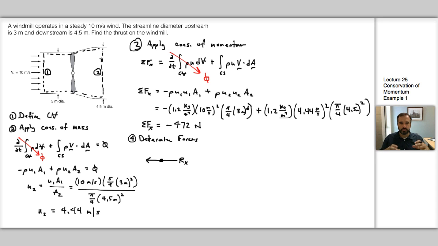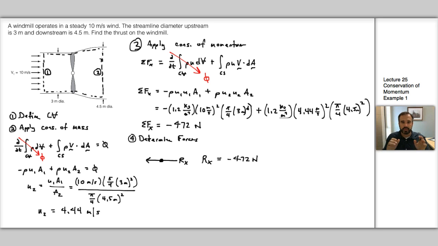So that's the force on the fluid at the control volume. What else do we have? Well, the entire windmill's at gauge pressure, at atmospheric pressure, and so there are no real pressure forces across the two control surfaces. So the only force we have is Rx. So we end up with Rx is equal to negative 472 newtons.